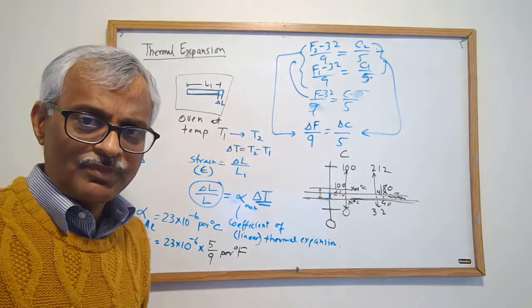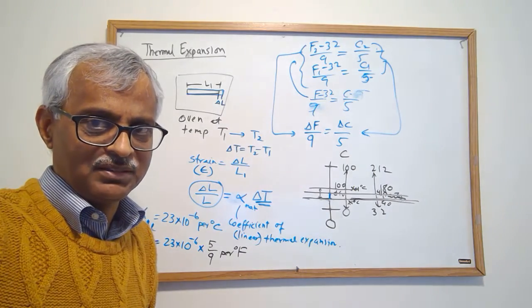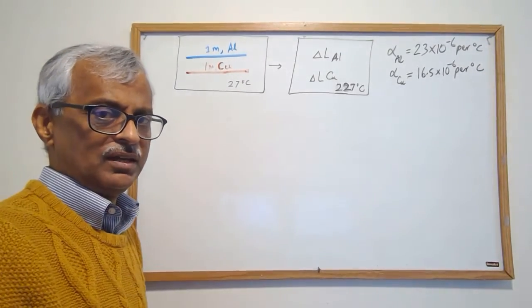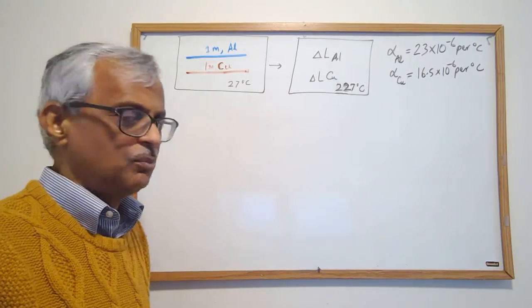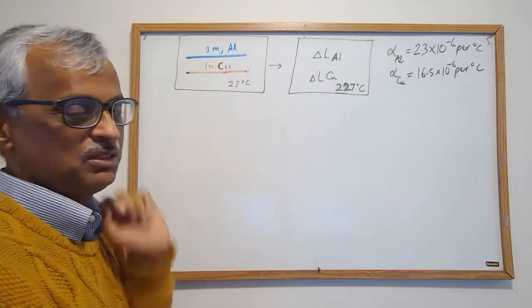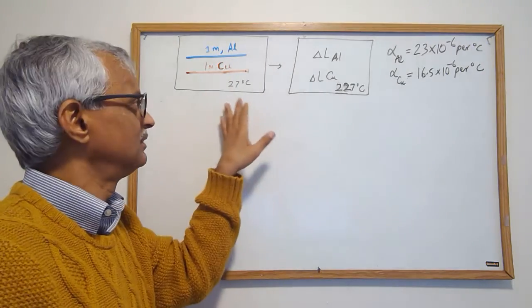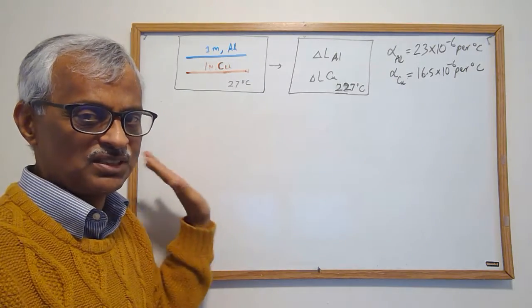Okay. Let me look at some numerical examples we can work out for thermal expansion. Okay, let's work out a numerical example. I have 2 rods, 1 meter each. One is aluminum, one is copper. Room temperature is 27 degrees Celsius.